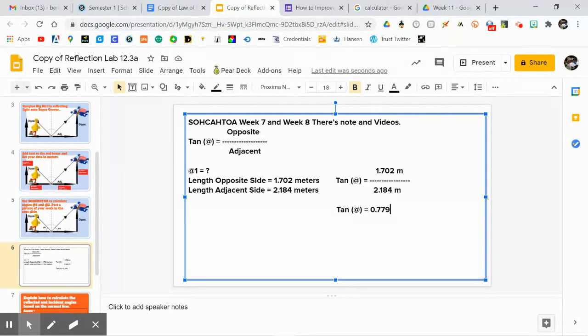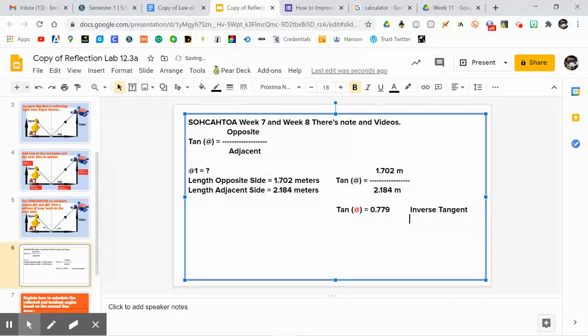So now how do we solve for our angle? This is what we're trying to find, the angle. That is the measurement that we are trying to find. Well, in class, I went over what is called inverse tangent. And that is a button on the calculator.